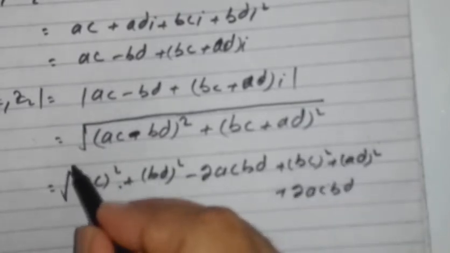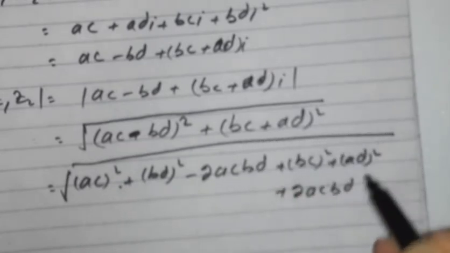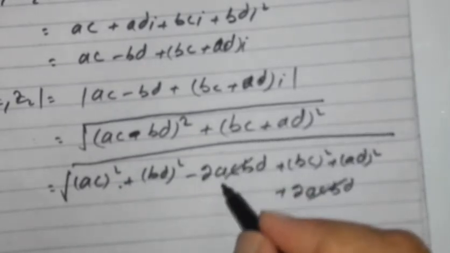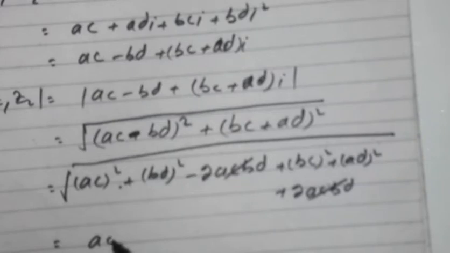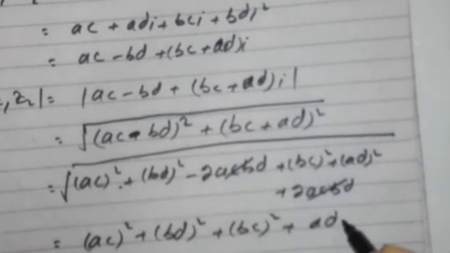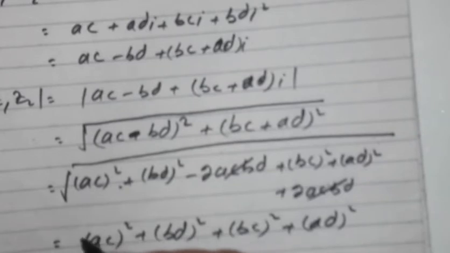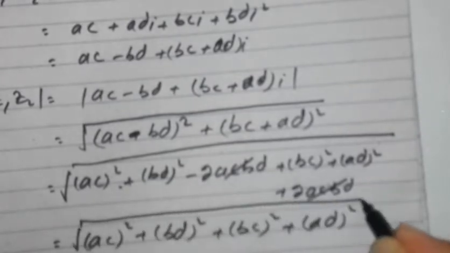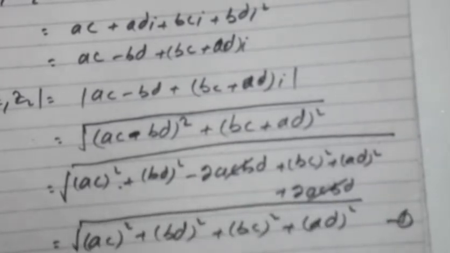This whole is under the root. This cancels with this. We get a square c square plus b square d square plus b square c square plus a square d square under the root. Equation 1.